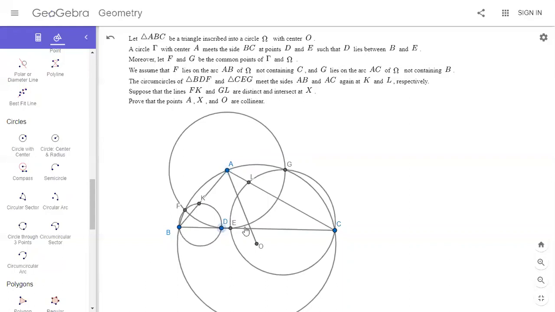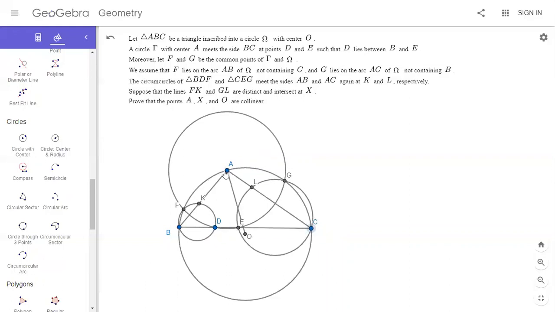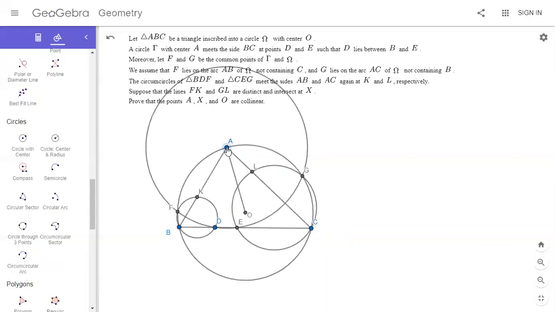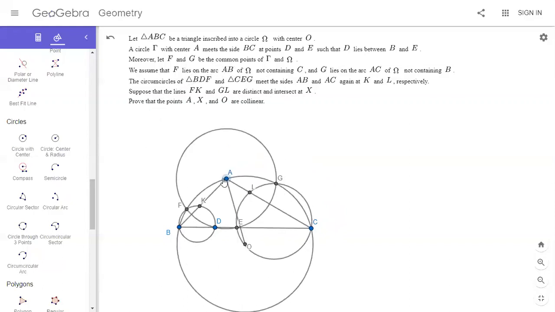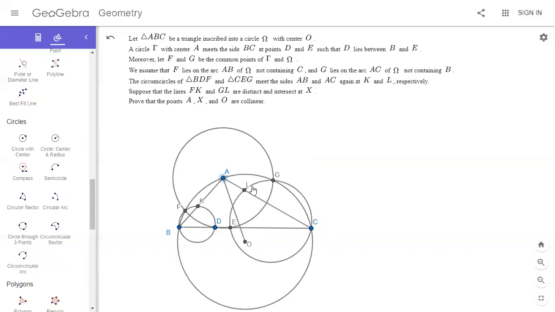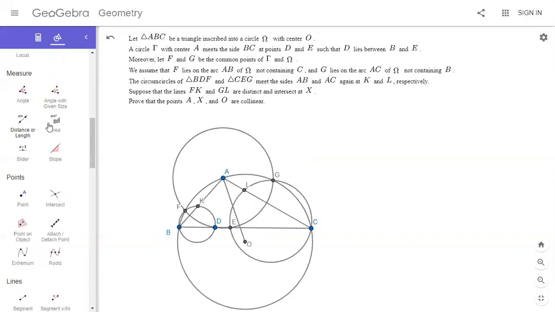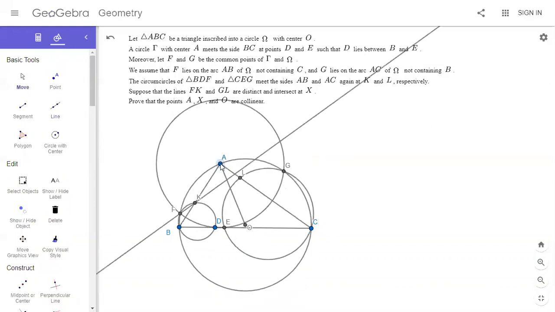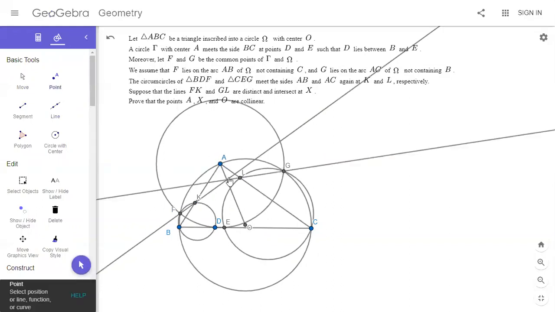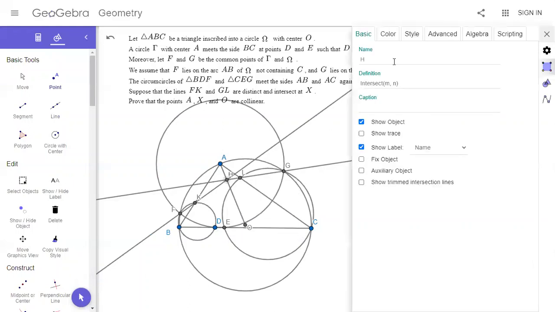Let's see. I'm just going to draw on point X again. All right. Okay, so we want to show three lines are collinear.